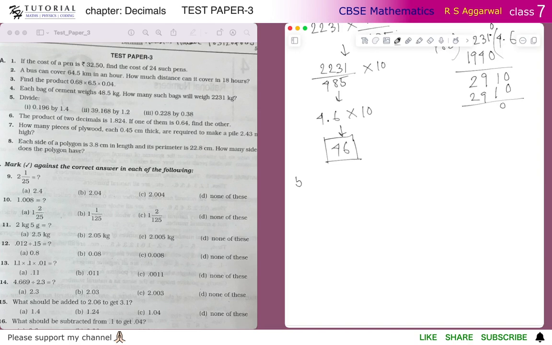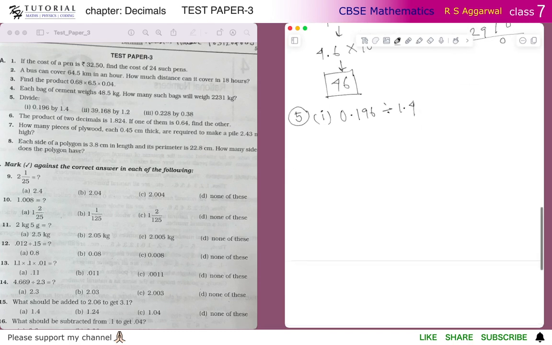Okay, let's do problem number 5 1. It is asking to divide 0.196 by 1.4. So it's a division of two decimal numbers. First we convert both the decimal numbers to decimal fractions.